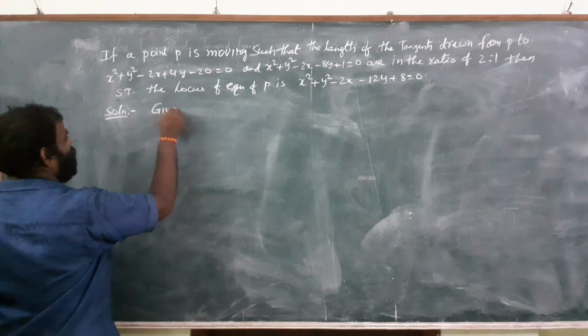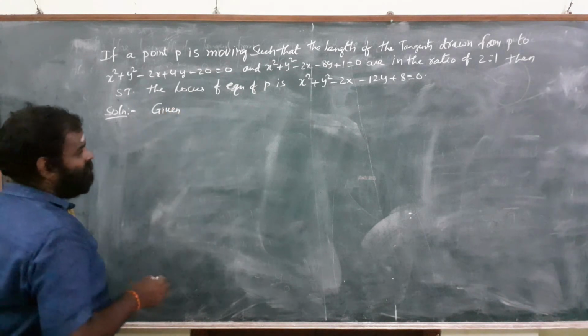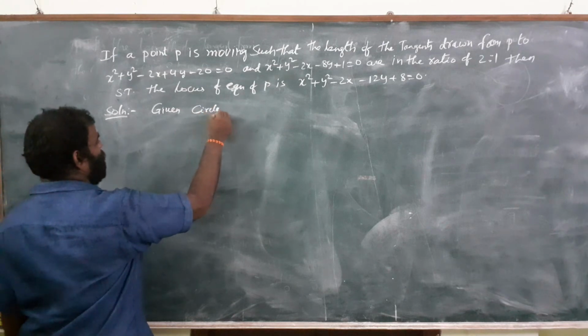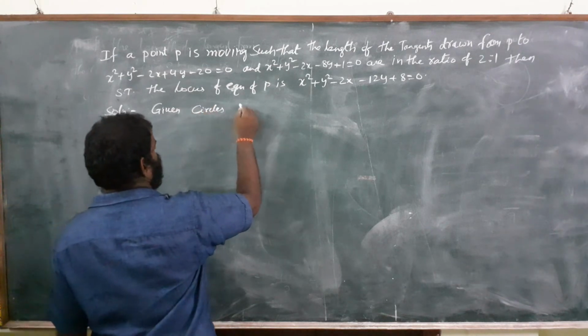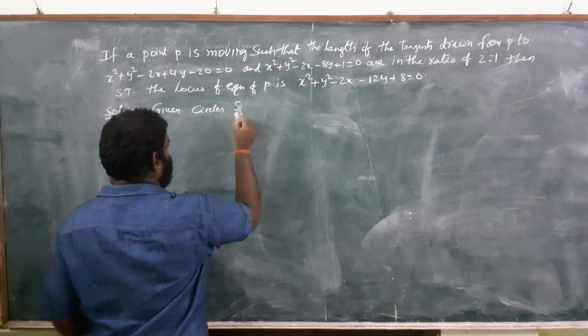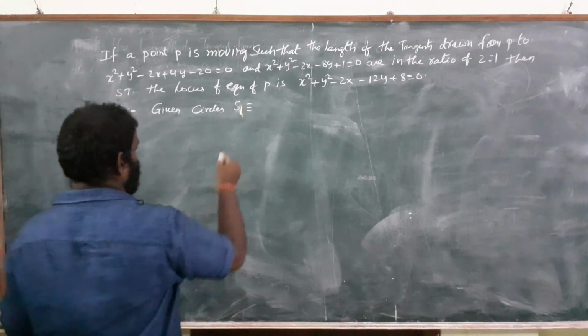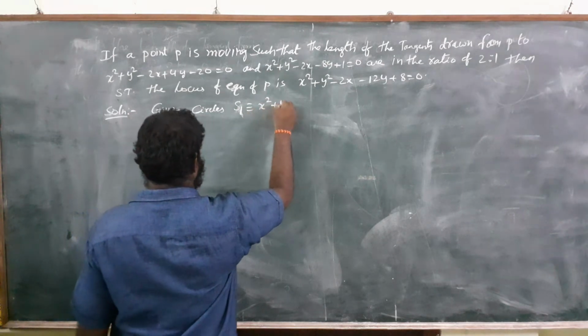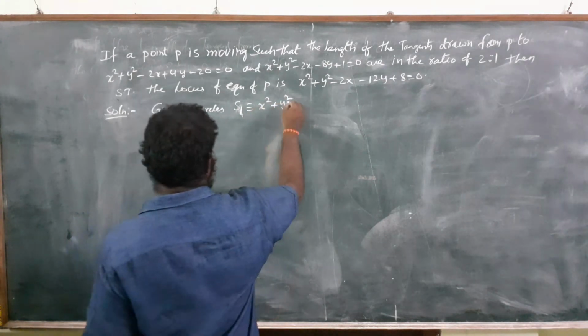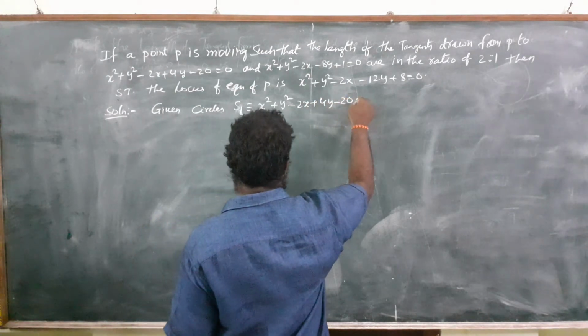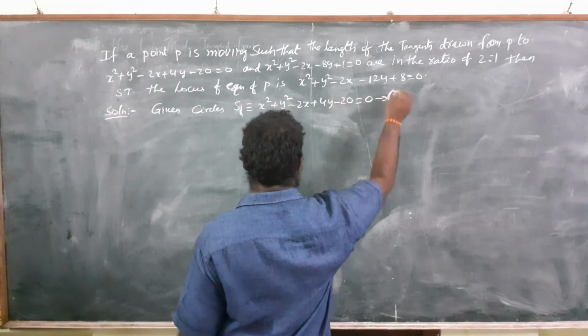First, what is given in the problem? Two circles are given. So what are the two circles? S1 is x square plus y square minus 2x plus 4y minus 20 equal to 0, equation 1.